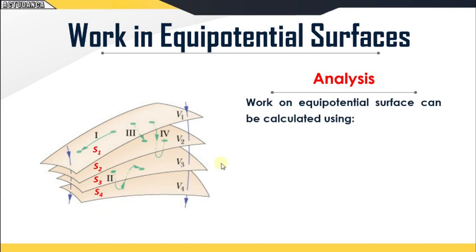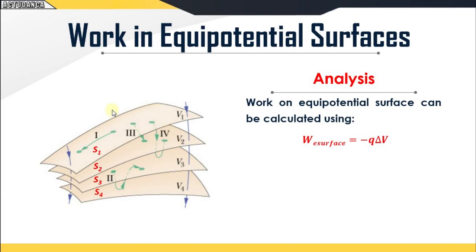The work on equipotential surfaces can be calculated using work is equal to negative Q multiplied by the potential difference. So very evident that we have four routes na obserbahan. We have route number 1, route 2, route 3, and route 4.